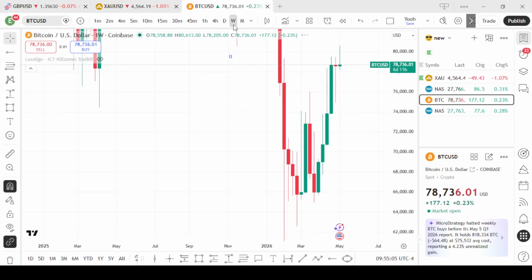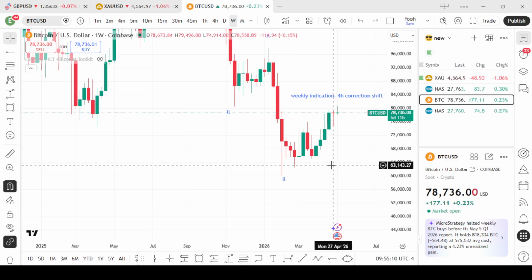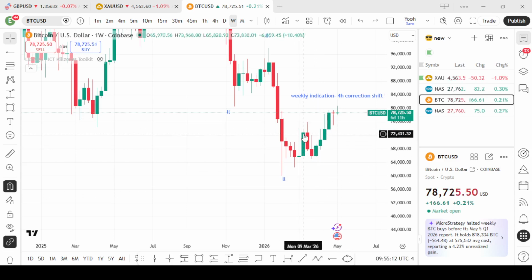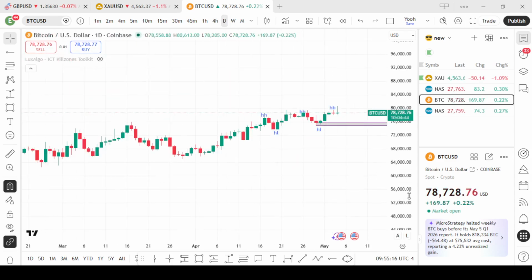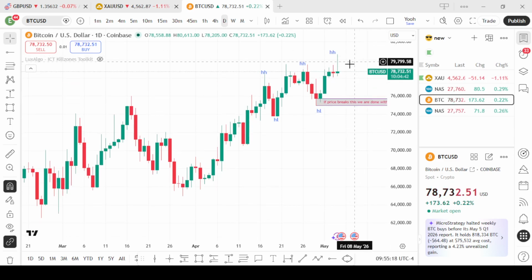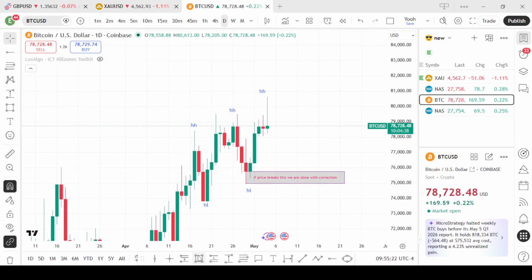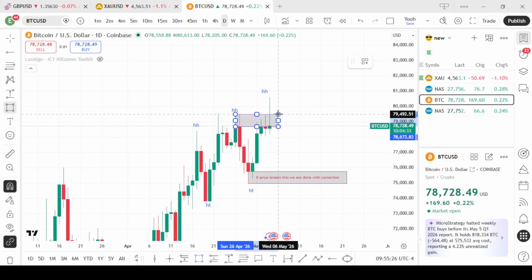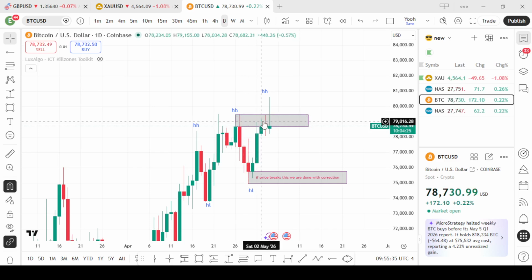Let's see what happened there on the weekly. Anyway, let's look at what we have right now, because that is what we are working with at the moment. This is also our current. This is where the sellers are.